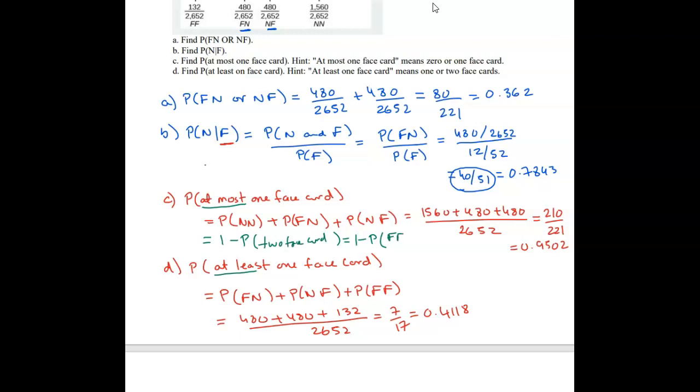So that would be 1 minus the probability of FF. So this is 1 minus 132 over 2652.